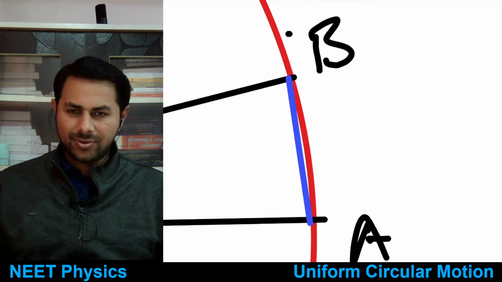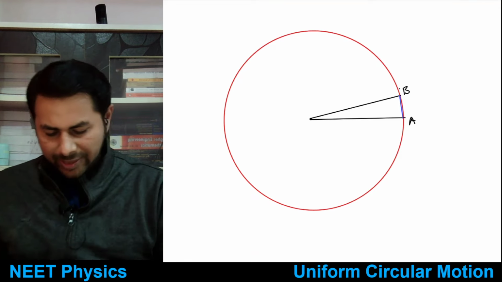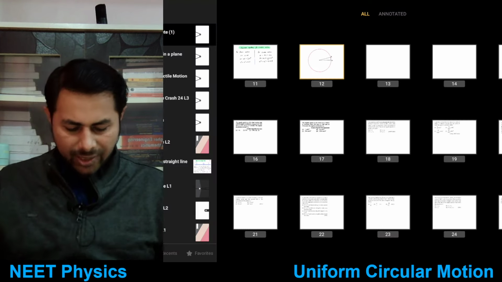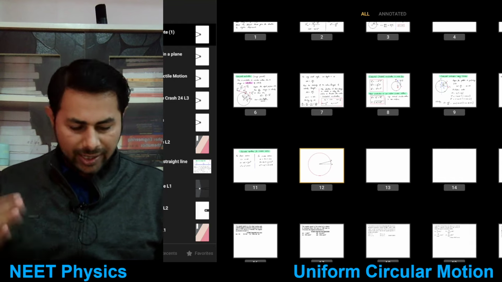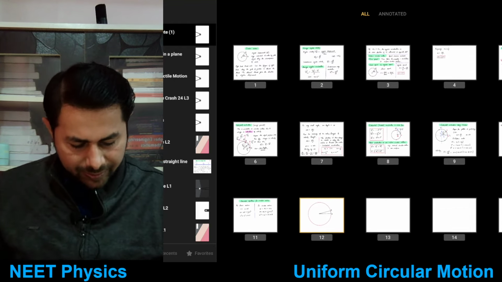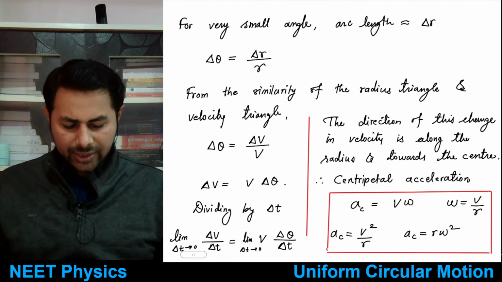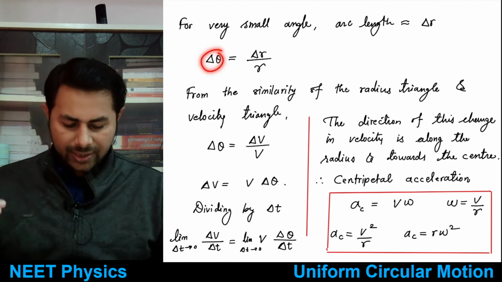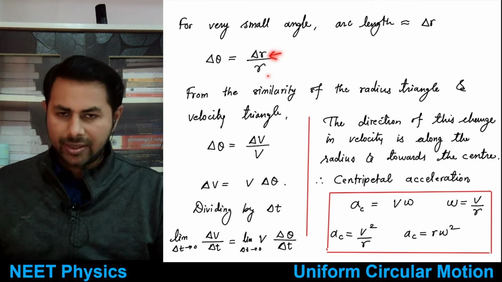So for small displacements or small angles, the length of the arc and the length of the linear displacement are almost equal. Using that, I can write delta theta is just equal to delta r divided by r.